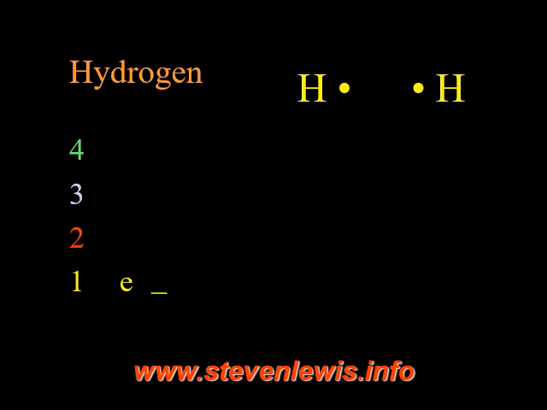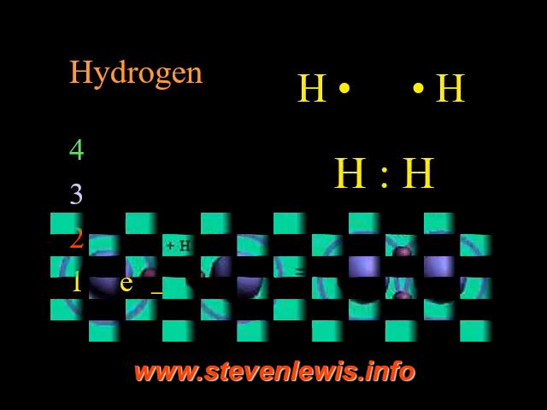So let's say they make a deal. One hydrogen says to the other, "If you let me borrow your electron part of the time, I'll let you borrow my electron part of the time. And then we can have a full valence shell of electrons." And so they consummate the deal.